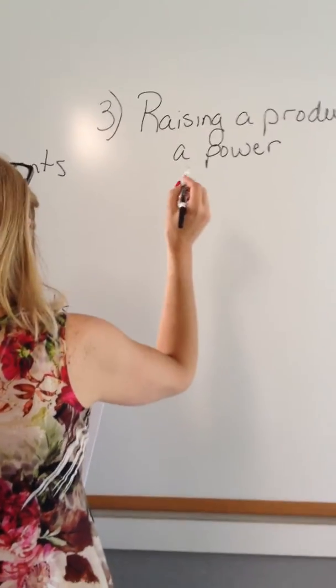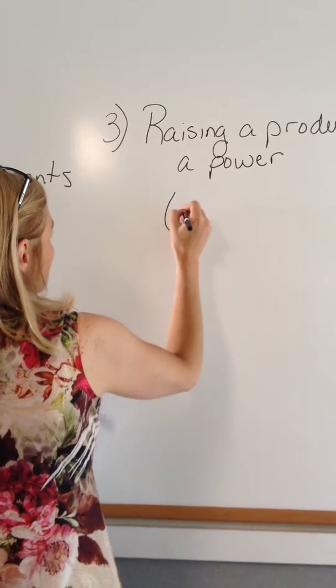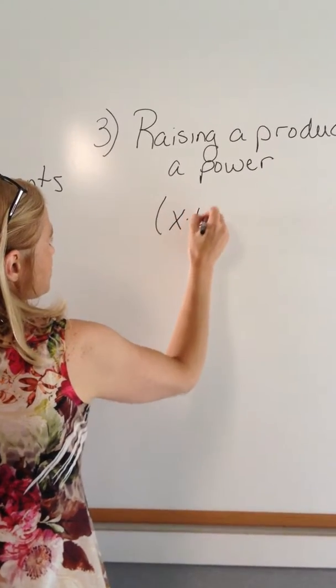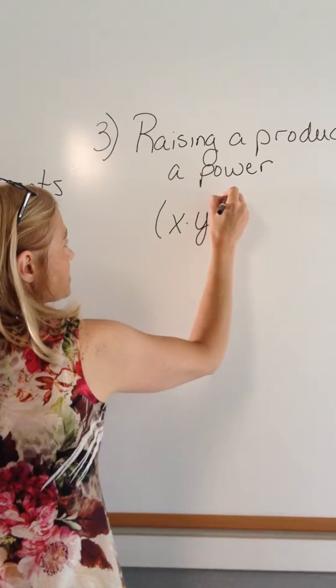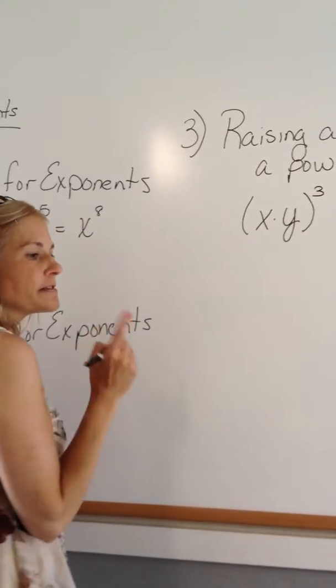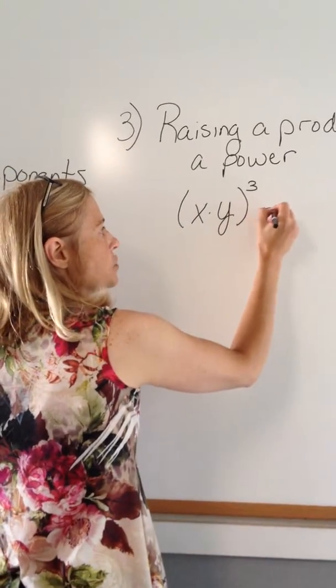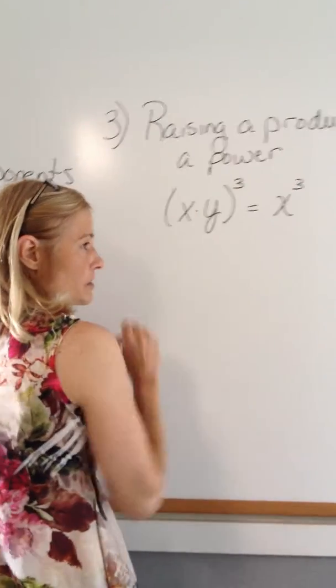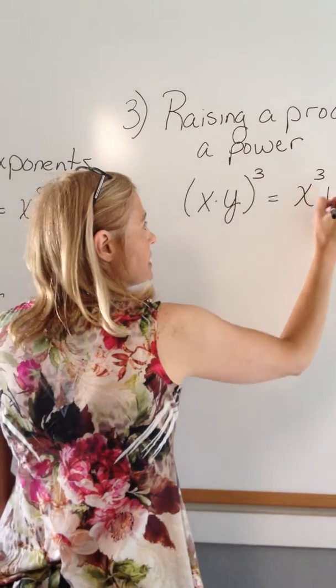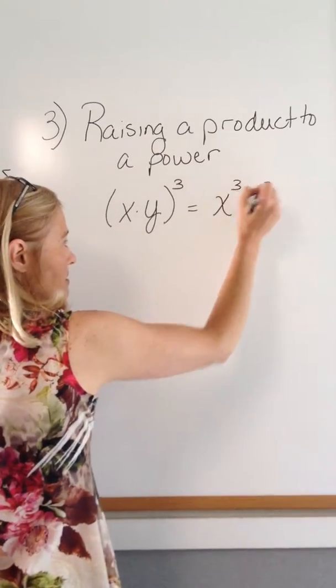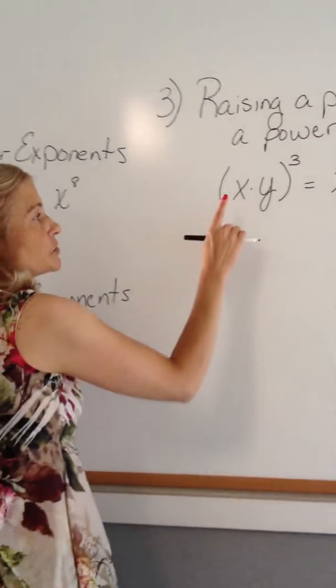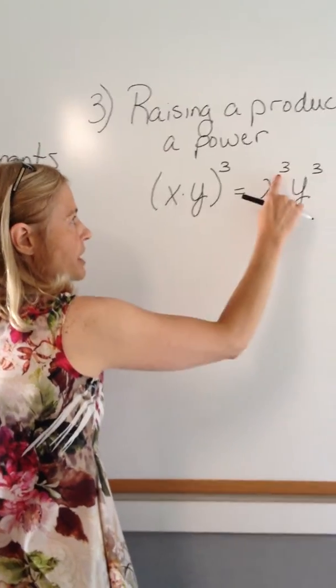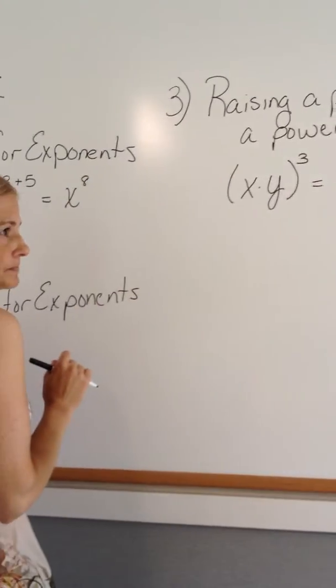For example, if you have x times y raised to the 3rd power, this is telling you that you are going to take the x and raise it to the 3rd power, and you're going to take the y and raise it to the 3rd power. So you take each factor and raise it to the exponent.